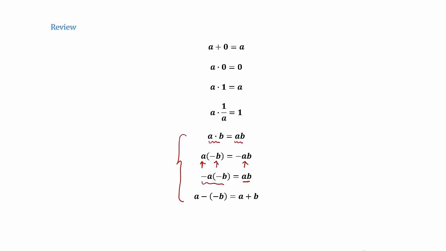Here you could think of this as subtracting a negative or distributing a negative through. In any case, if you subtract a negative, it's like adding a positive. Or if you distribute a negative through, this negative times negative equals a positive. So those are things to keep in mind.